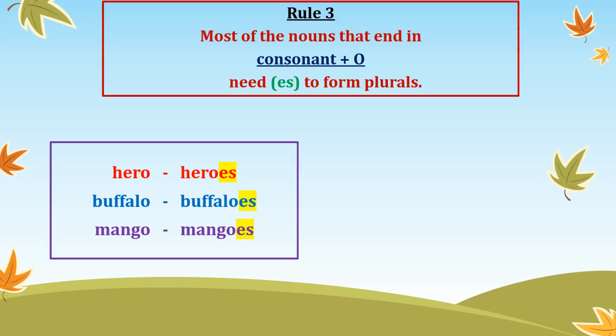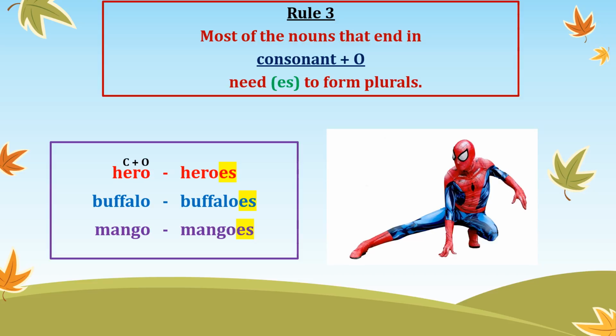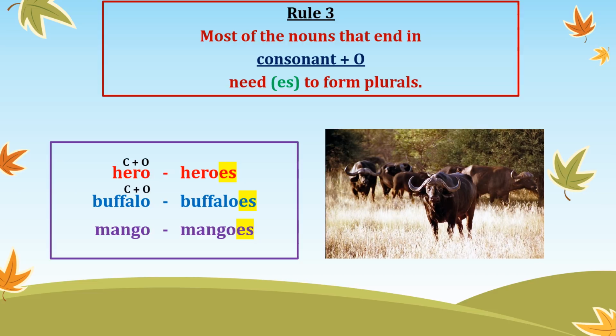Have a look at these examples. The first one, hero. This word hero is ending with o. And if you look carefully, just before o, you have r. And r is a consonant. That means you have to add es to make it plural. Similarly, the next one is buffalo. And this word buffalo is ending with o. And just before o, you have a consonant, that is l. So it is matching rule number 3, that is consonant plus o.